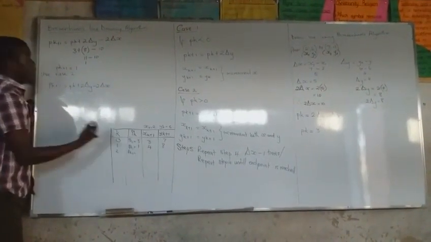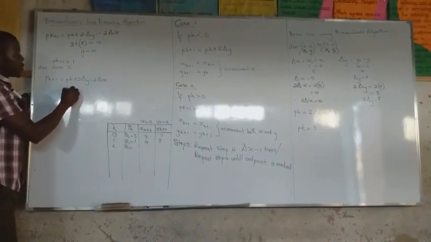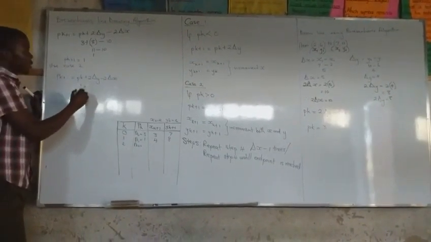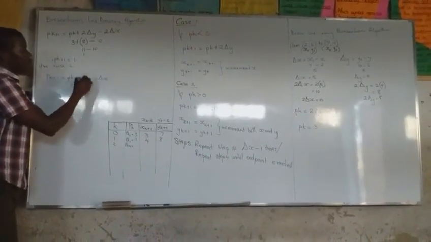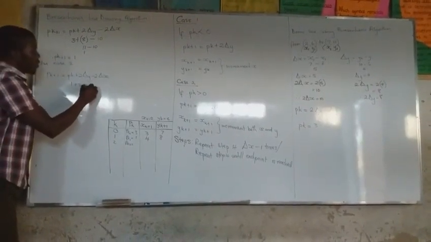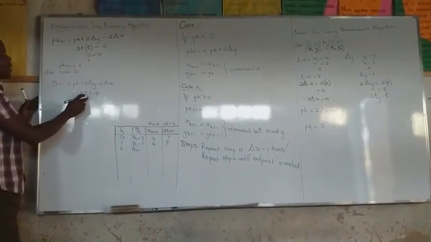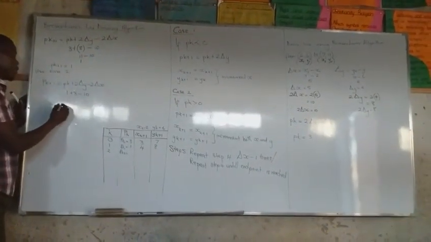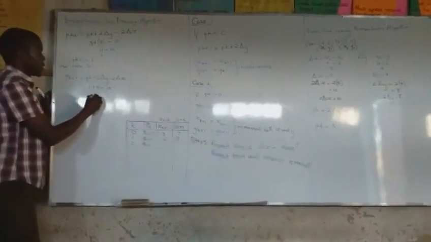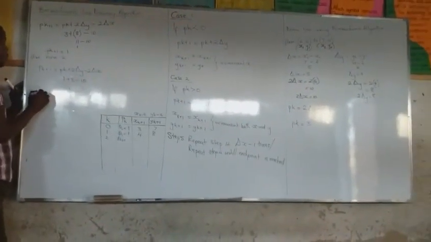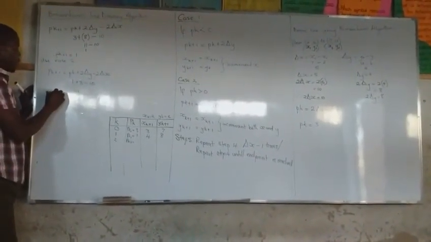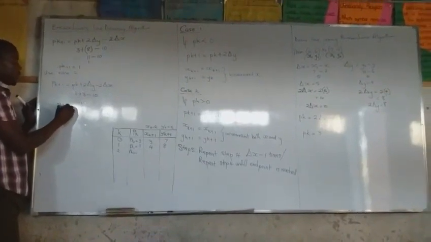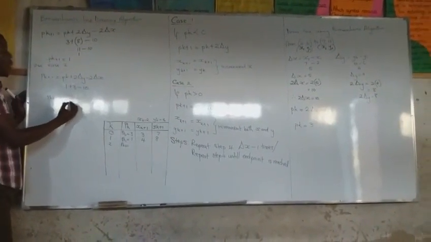Our current decision parameter is 1, plus 2 delta y is 8, minus 2 delta x is 10. So 8 plus 1 minus 10, we get minus 1. Therefore, our next decision parameter is equal to negative 1.